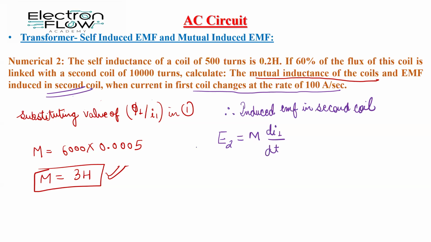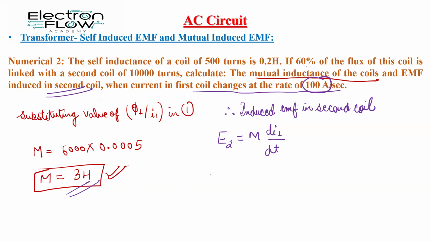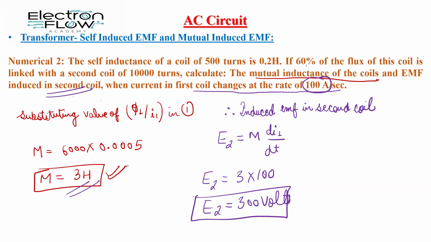We know the value of M, which is 3 Henry, and di1 by dt is given in the question as 100 ampere per second. So simply, E2 is equal to 3 multiplied by 100, so E2 is equal to 300 volts. This is our second answer, the induced EMF in the second coil.